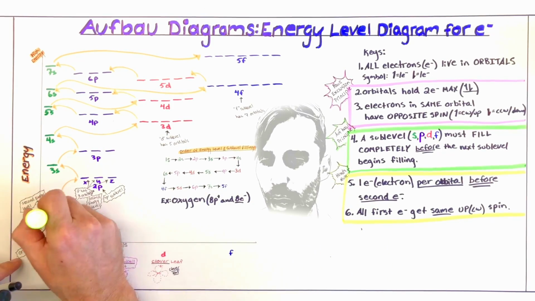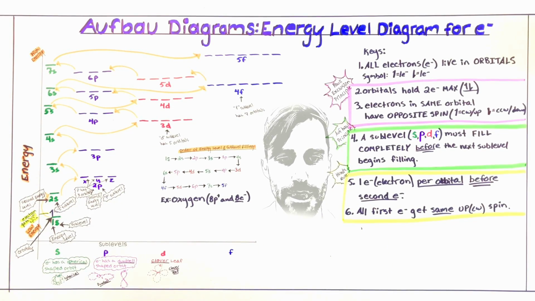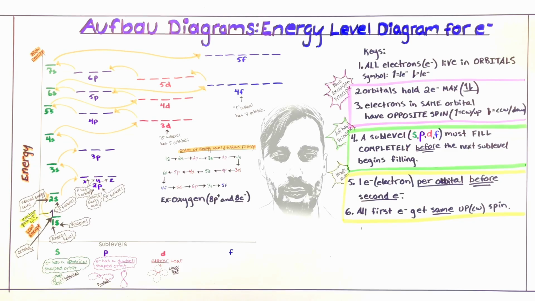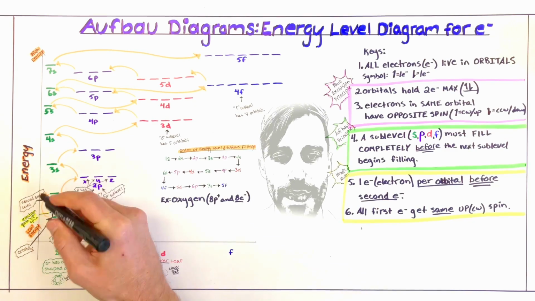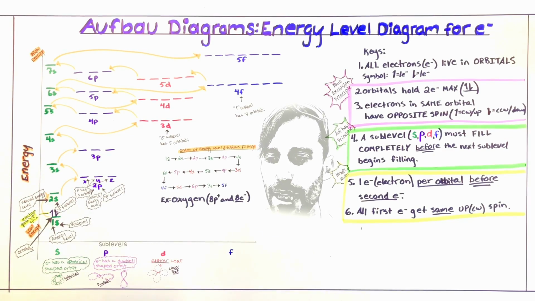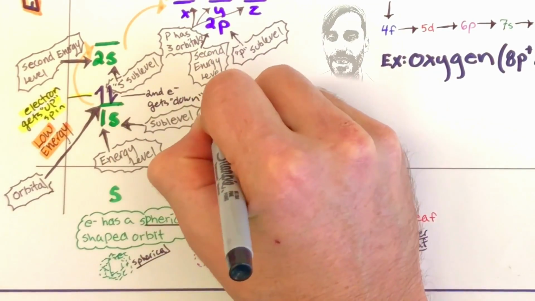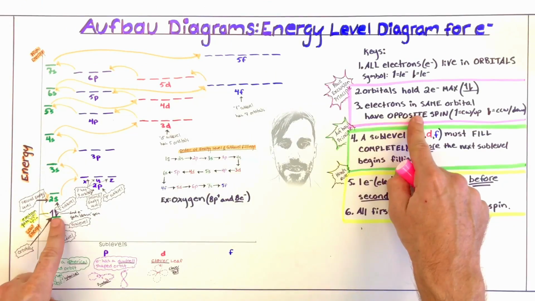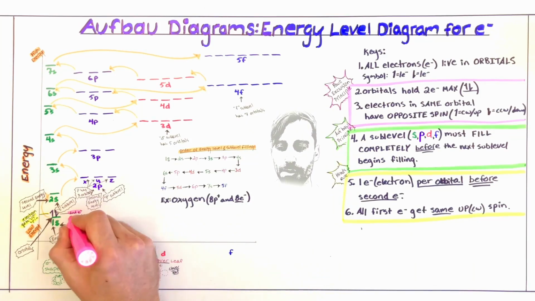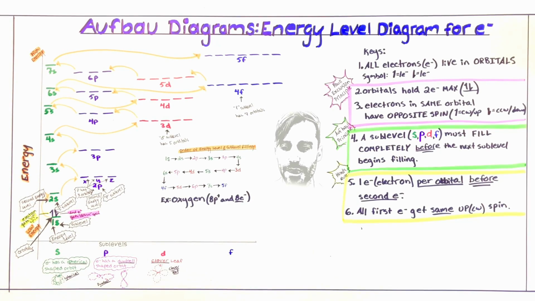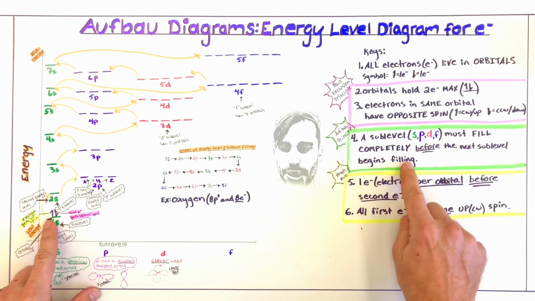That accounts for one of the electrons. It's yellow, so that's like Hund's rule: 1 electron per orbital before the second, and it gets that up spin. And then the second electron gets the downward spin, so that's like the Pauli exclusion principle. So we got 2 electrons in that orbital with opposite spin.